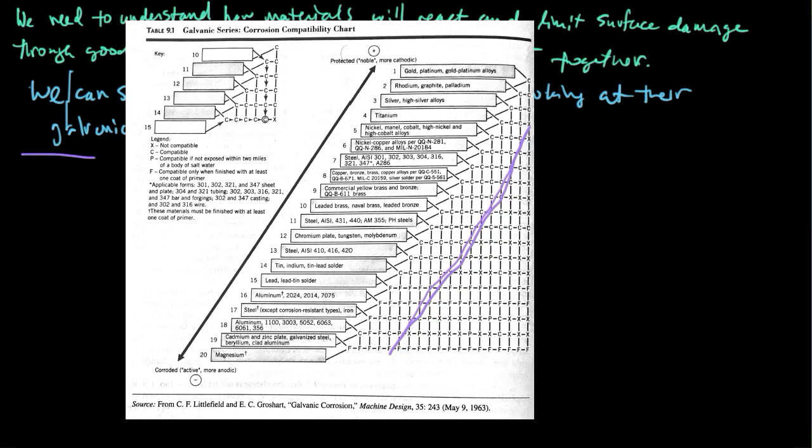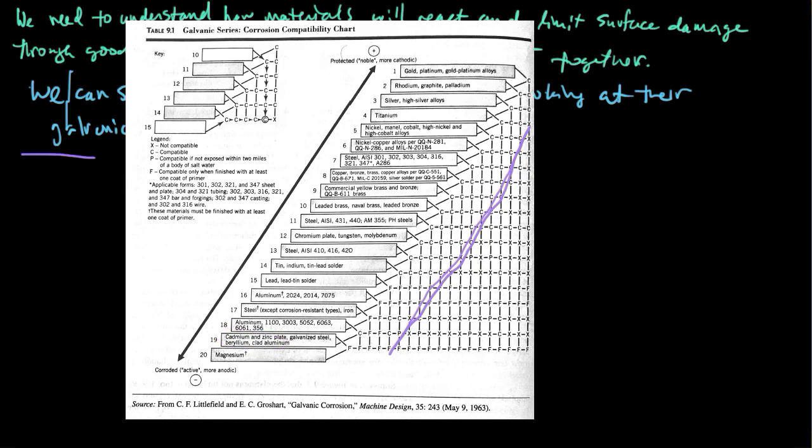So we have cadmium and aluminum, that's clad aluminum.